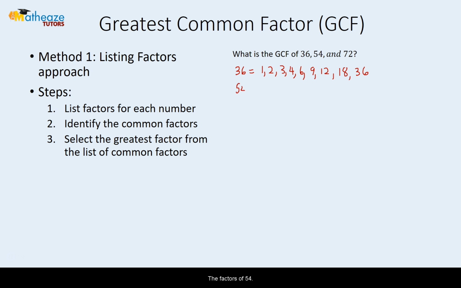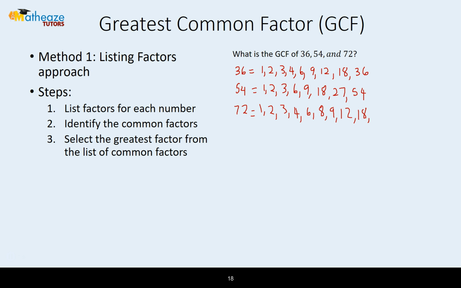The factors of 54 are 1, 2, 3, 6, 9, 18, 27, and 54. And the factors of 72 are 1, 2, 3, 4, 6, 8, 9, 12, 18, 24, 36, and 72.